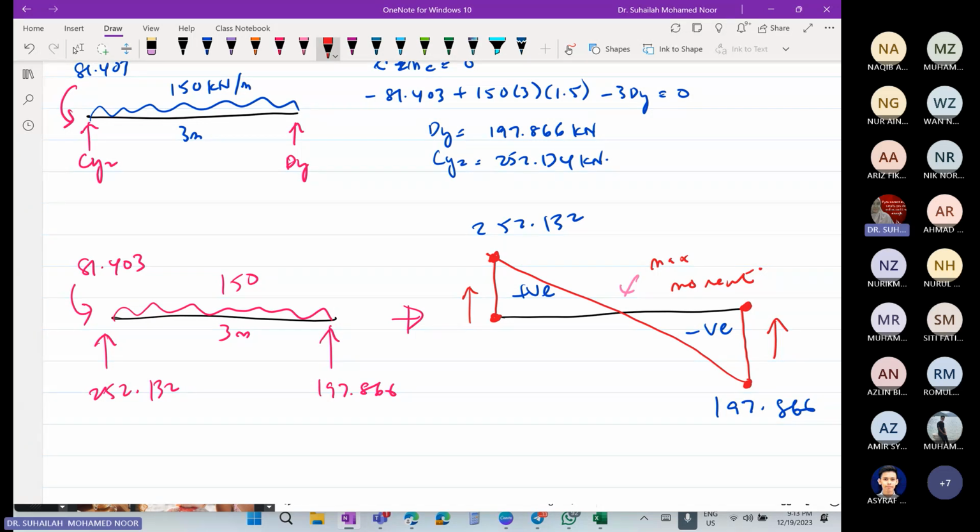We will determine this maximum moment in the bending moment diagram using the area of the shear force diagram. So we have to calculate the area of this triangle. How to get that?